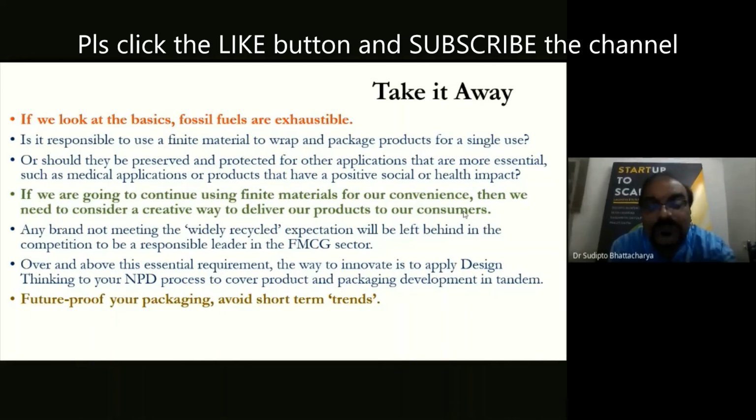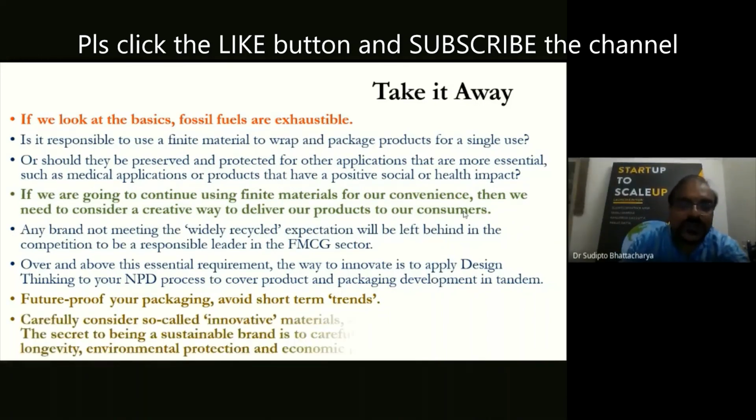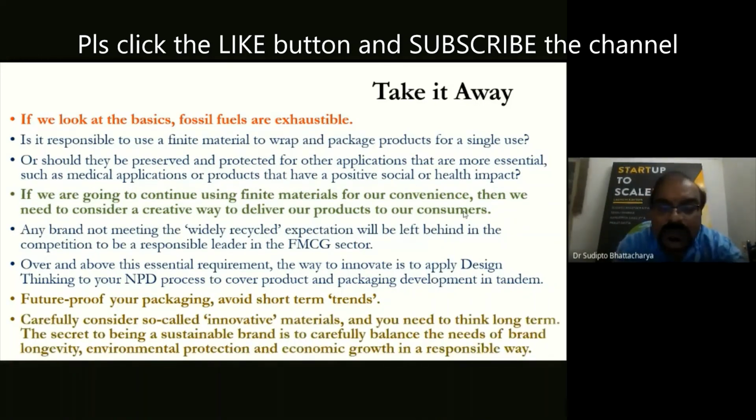Future perfect, present tense is really a strategic way of looking at things, and we should avoid short-term frames. We should also talk about innovative materials, which we need to think of long-term. We have to think about being a sustainable brand, which has to carefully balance the needs of the brand, longevity, the environmental process and growth in a responsible way.